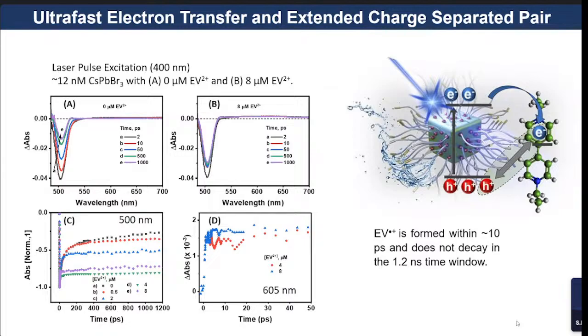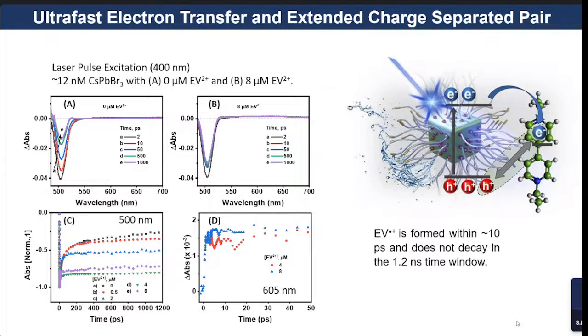You can see a sudden rise, and then it stays there. And this is within a few picoseconds. So this electron transfer is very fast. From this, the formation tells us that within 10 picoseconds, we are taking electrons away from this surface and dumping them here.